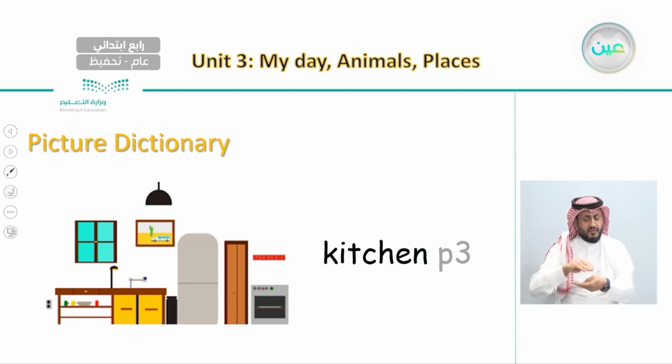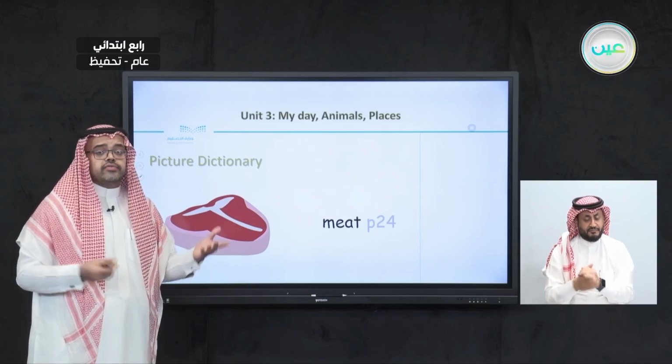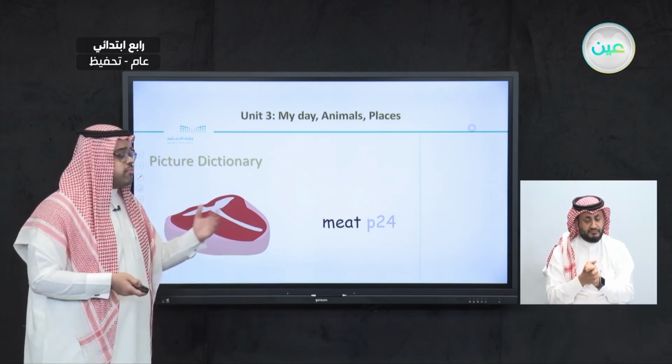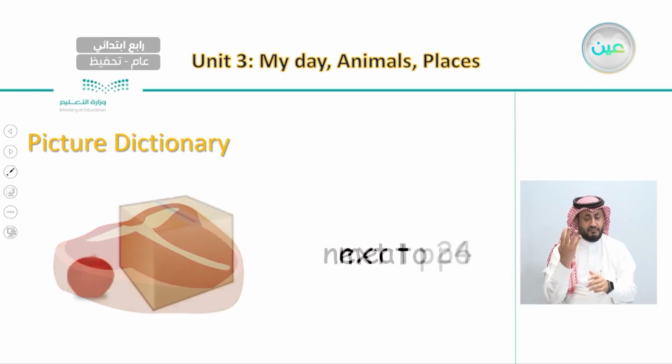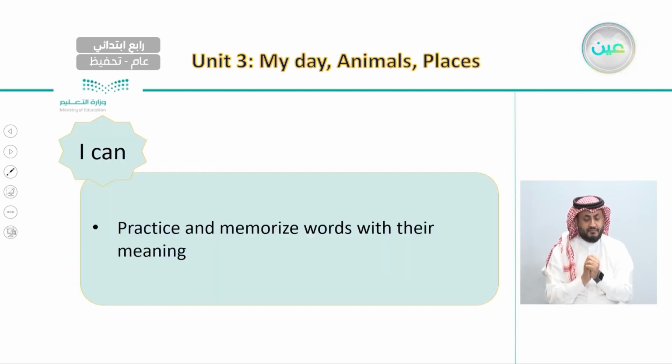That can be seen on page 3. Also, we talked about meat, which is a kind of food we usually have on big occasions, that can be seen on page 24. And after this, we had another preposition, which is next to. As you can see here, the ball is next to the box. This preposition can be seen on page 6.